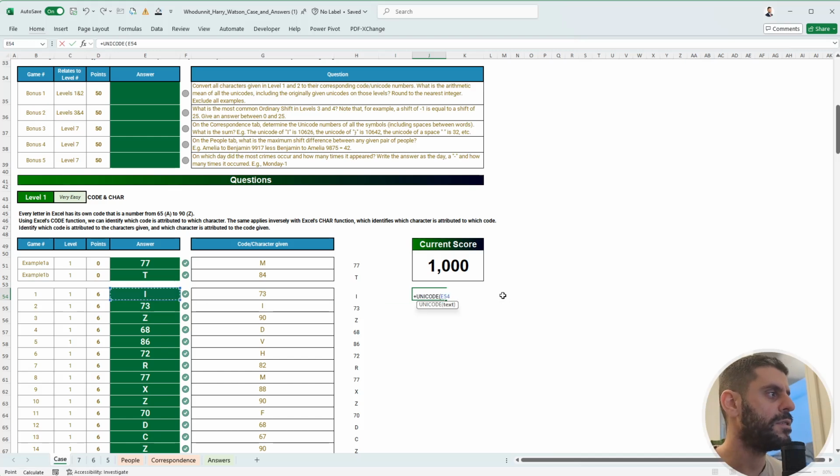So what I understood is Unicode, because the problem is that if you do a Unicode of 73, you get a different thing. So I did, I think, is number. Then this. Otherwise, Unicode of this.